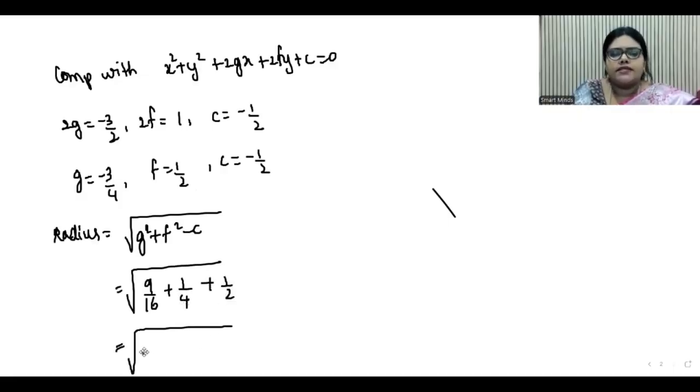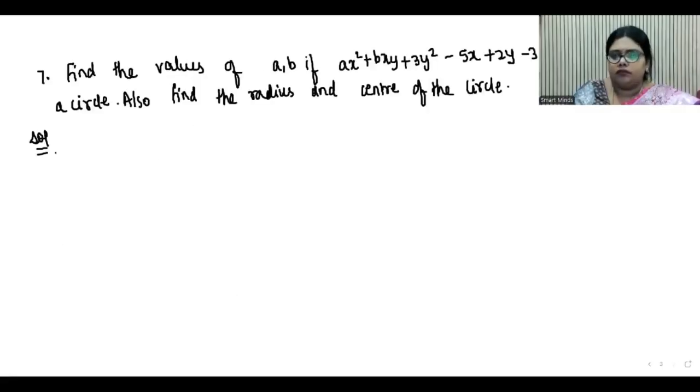If you take LCM of 16, 4 and 2, it is 16. Now 16 into 1 is 16. So 9 into 1 is 9. Plus 4 into 4 is 16. So 1 into 4 is 4. 2 into 8 is 16. So 1 into 8 is 8. So that is root 21 by 4. This is the radius.